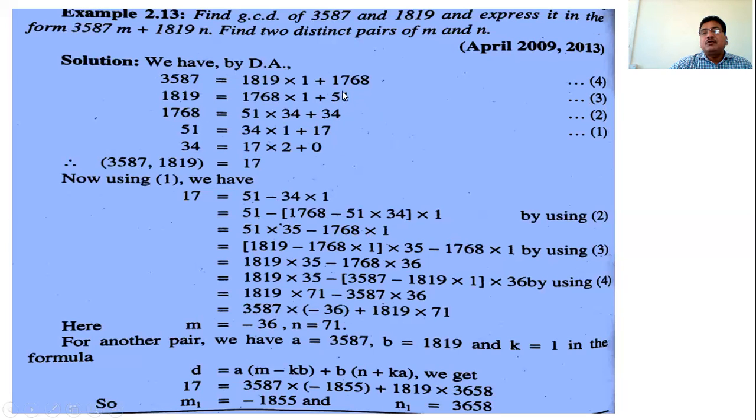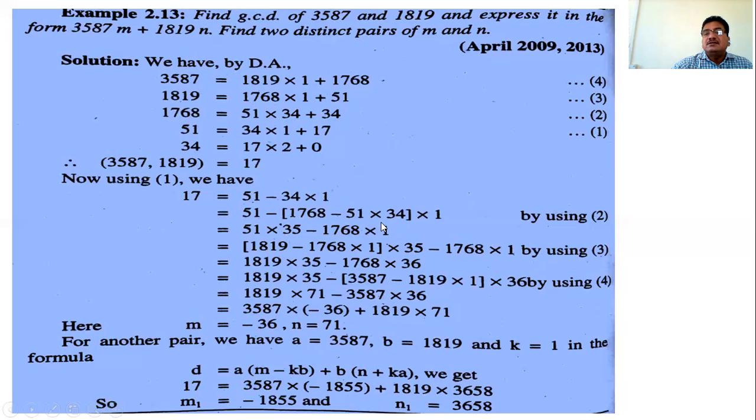Then the next equation is what? Use the third equation. From the third equation, find the value of 51. 51 is 1819 minus 1768 into 1. So write the value of 51 as 1819 minus 1768 into 1, into 35 as it is, minus 1768 into 1 as it is.